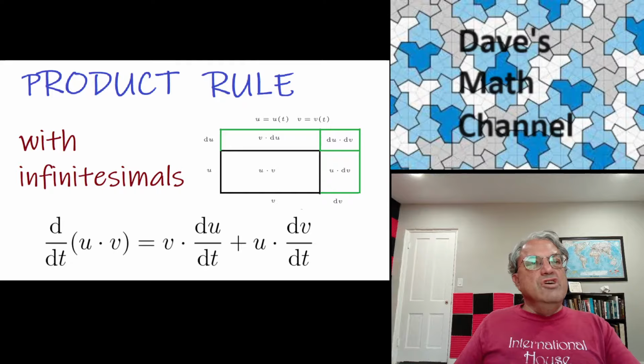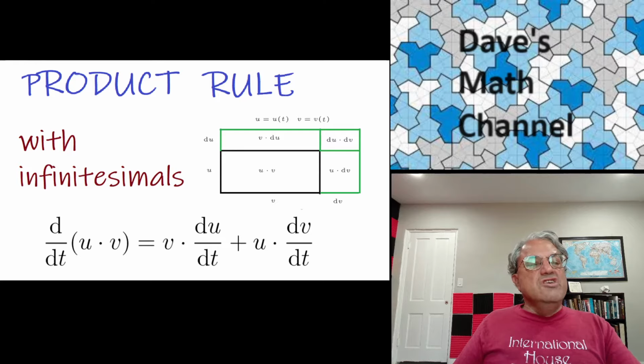Now you can use FOIL if you like. If you do that, you're going to get uv plus u dv plus v du plus du dv. But we don't care about du dv. That's a product of two differentials, and that's like second order, so that kind of goes to 0. I know that sounds a little confusing, but when you're done with all this, the difference you get.